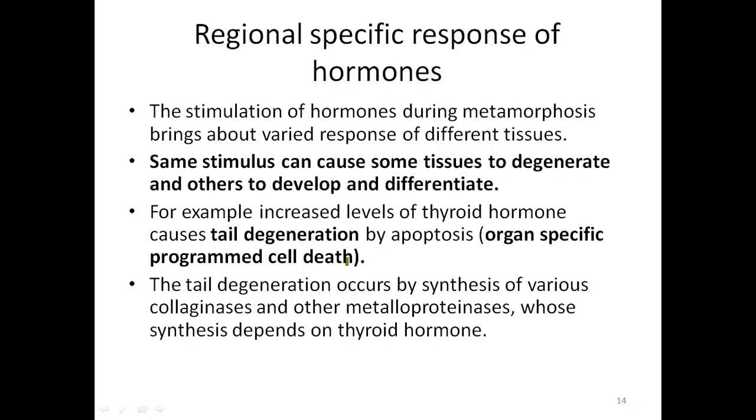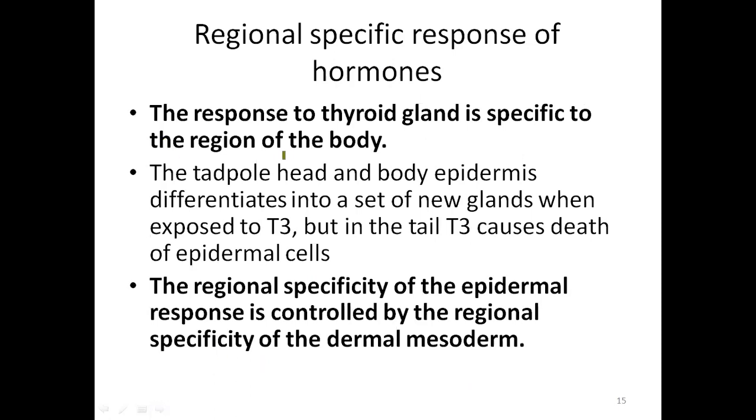Now, an increase in the thyroid hormone levels in the tail region stimulates the production of enzymes like collagenases and metalloproteinases that bring about disintegration of the tail to form an adult. Now, this is what we were saying. For example, the tadpole head and body epidermis differentiates into new glands when exposed to T3.